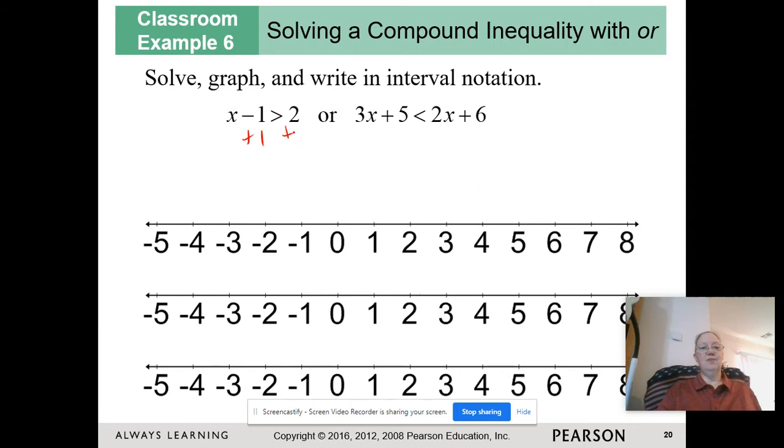Again, we're going to solve each one individually. Subtract 5, and we have x is less than 1. So we have x is greater than 3, or x is less than 1.